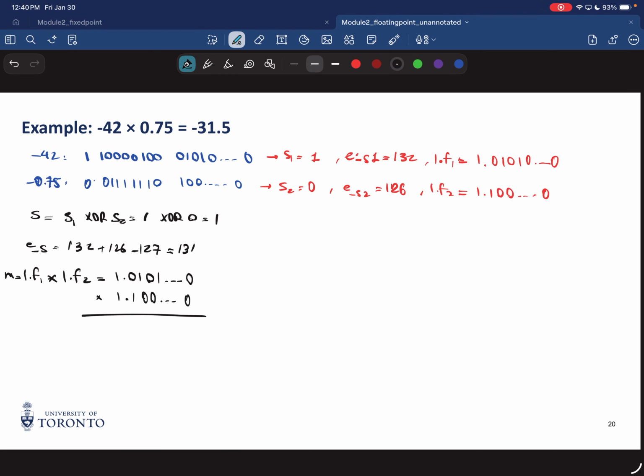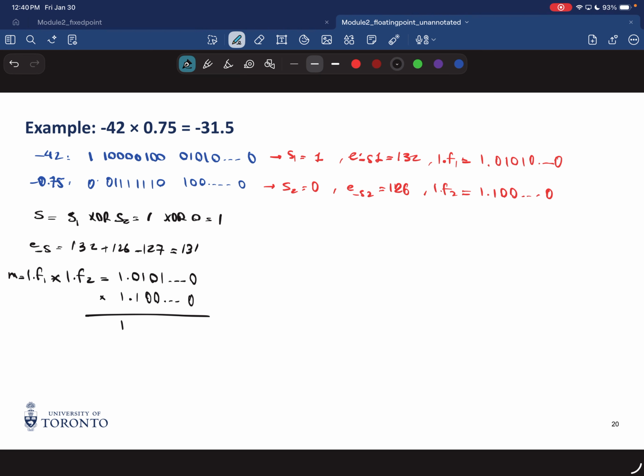Okay, so all you need to do is that the first row is going to be 0, 1, 0, 1, all zeros. And then the next one, you're multiplying by the 0.1, right? So you only need to shift it once. The rest of it is 0.